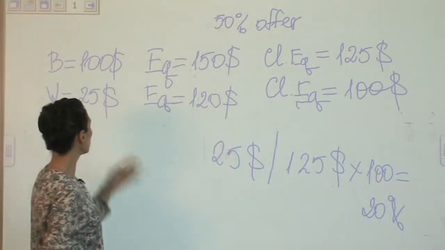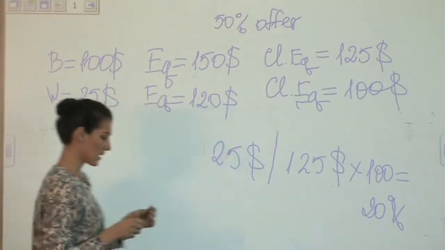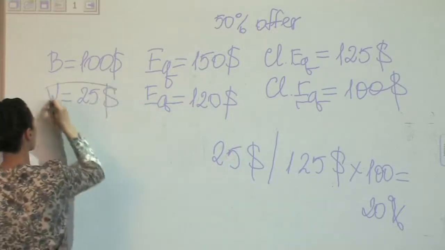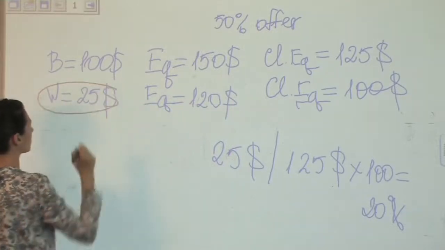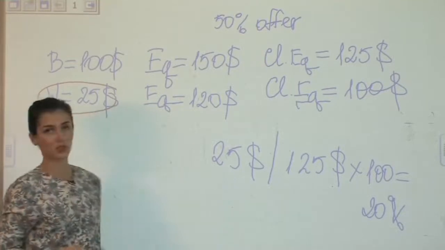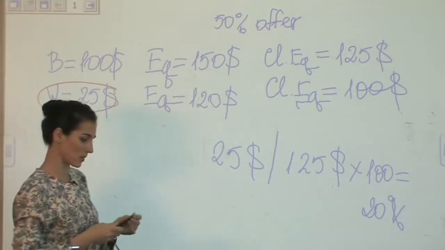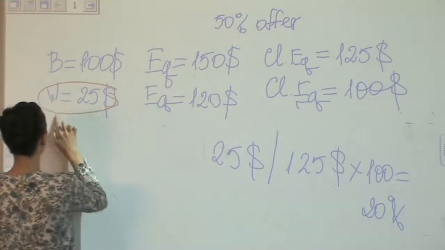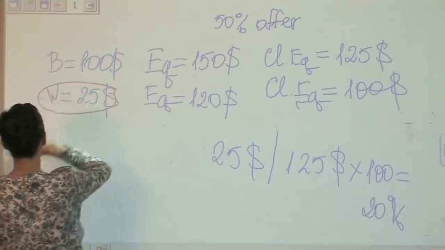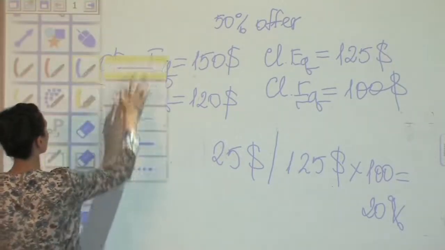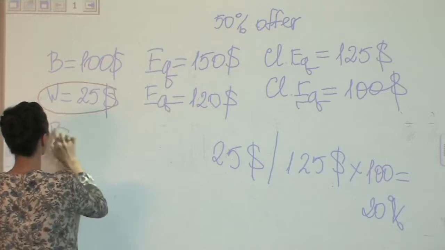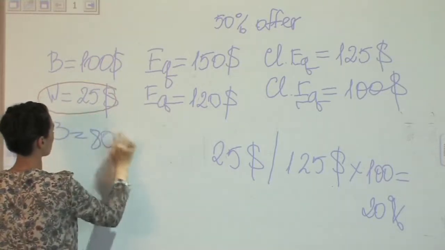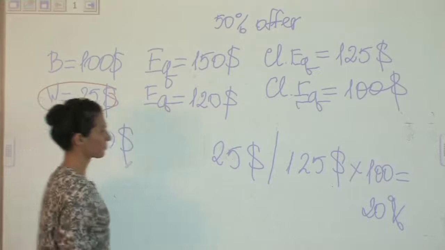And the same action with the balance: $100 minus 20% is $80 in the end. So the balance will amount to $80.